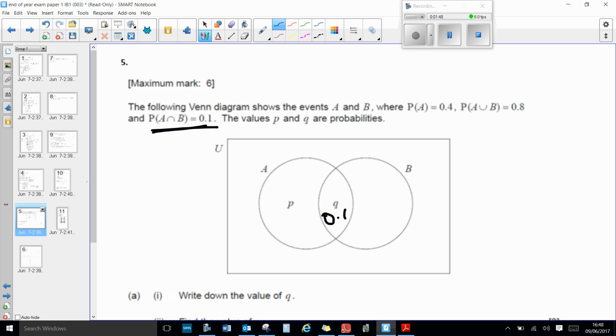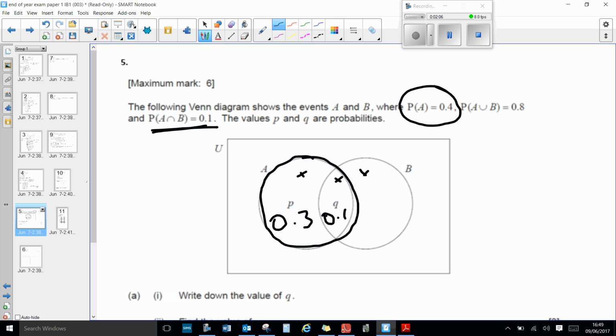I know P(A) is 0.4, so the whole of this circle is 0.4, which means this value here must be 0.3. A union B is 0.8, which means this plus this has to come to 0.8, so this would be 0.4.